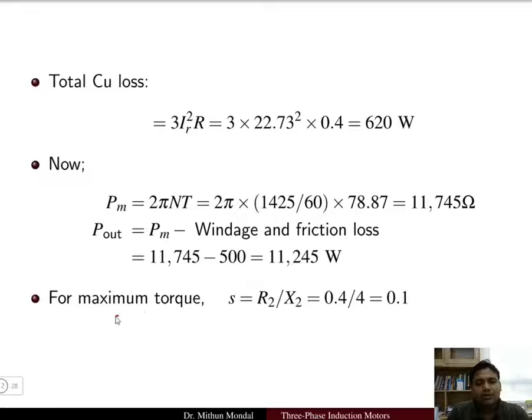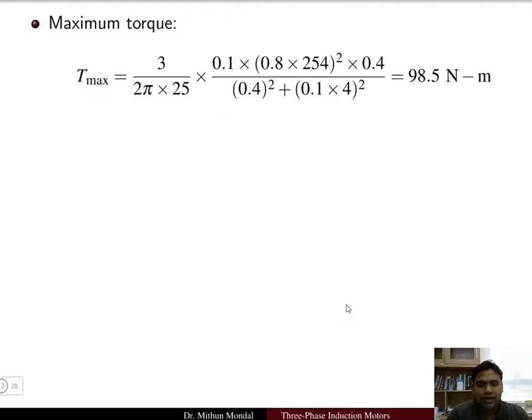Now the maximum torque condition, we know that it occurs when rotor resistance is equal to slip times the rotor reactance. So slip corresponding to the maximum torque can be obtained as the rotor resistance divided by the rotor reactance at the standstill condition. So we get the value as 0.1. Then what is the maximum torque?